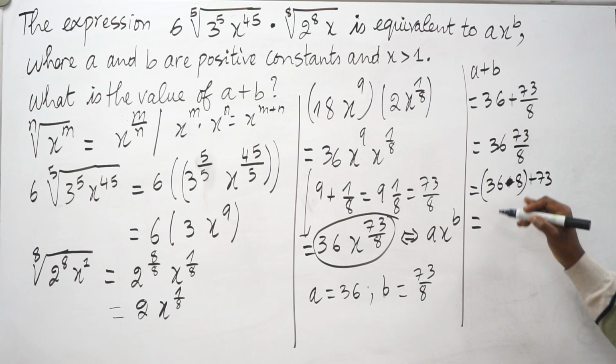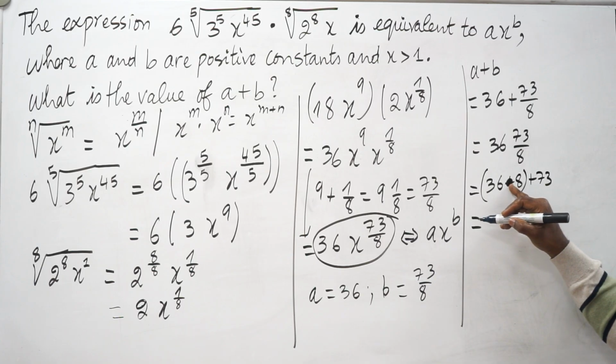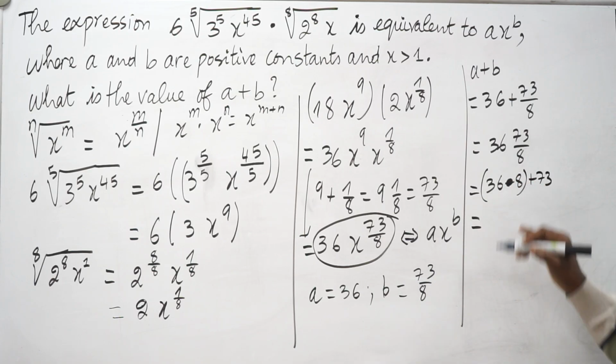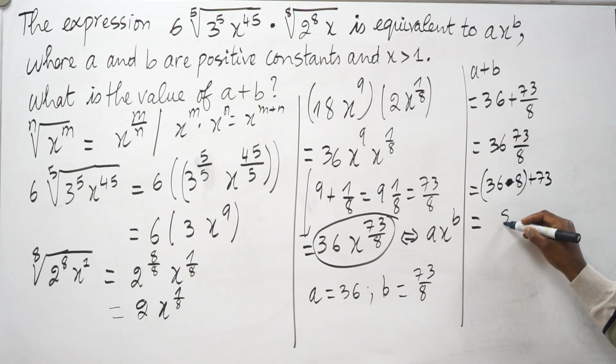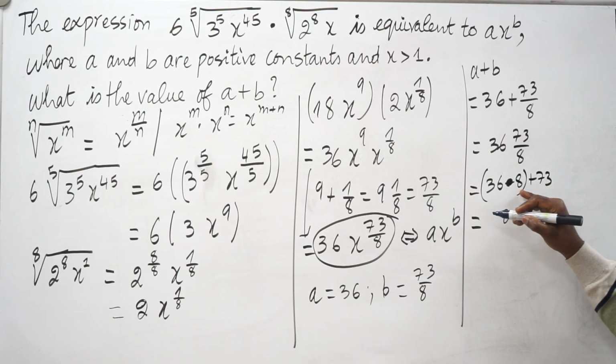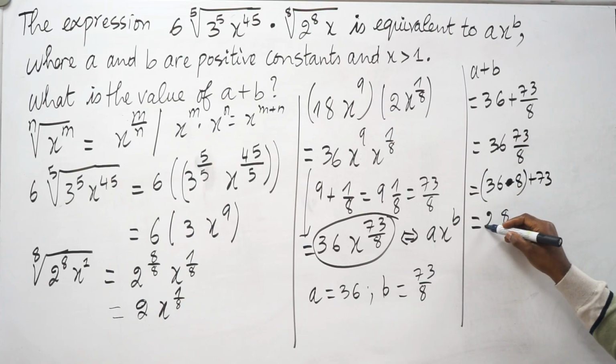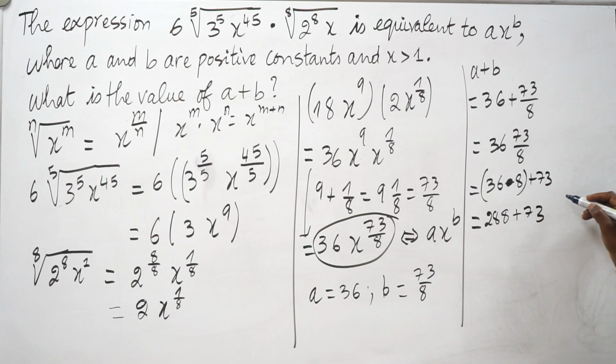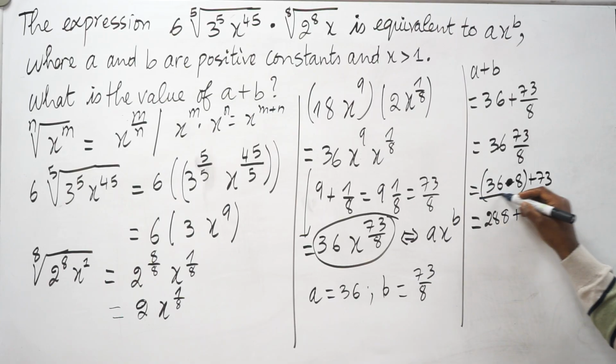Okay? So 36 times 8 is going to give us what? This is multiplication, okay? So 8 times 6 is 48. You carry 4, and then 8 times 3 is 24, so that's 288. Then you add 73 to it. And don't forget, everything has to still be over 8, okay? Let me put it here so that you guys don't get confused.